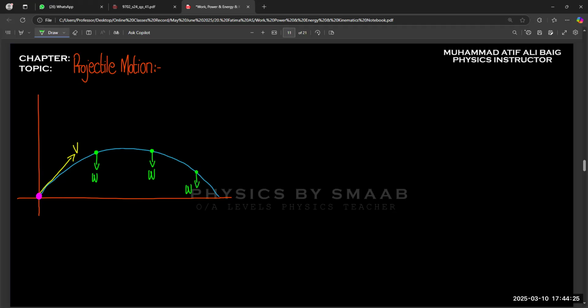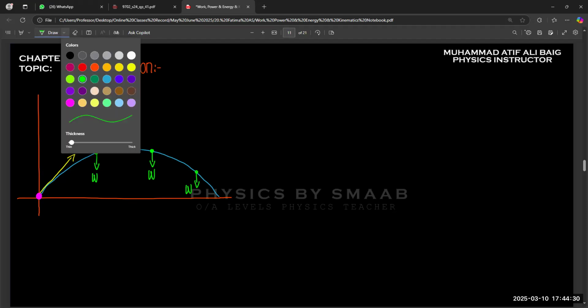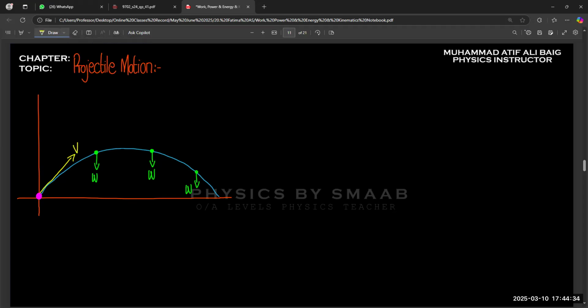And one more idea in this projectile motion, we can make the components also. One component of the velocity is the vertical component, and this is the horizontal component of the velocity.